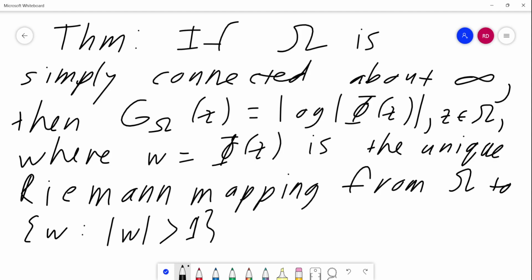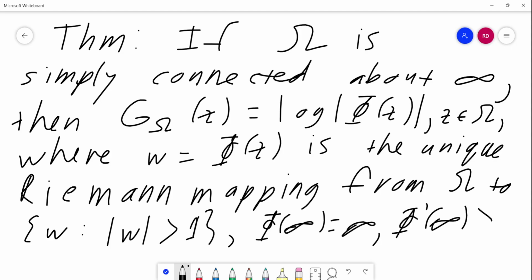That is, say, the outside of the unit disk, and where phi of infinity is infinity, phi prime of infinity greater than 0.